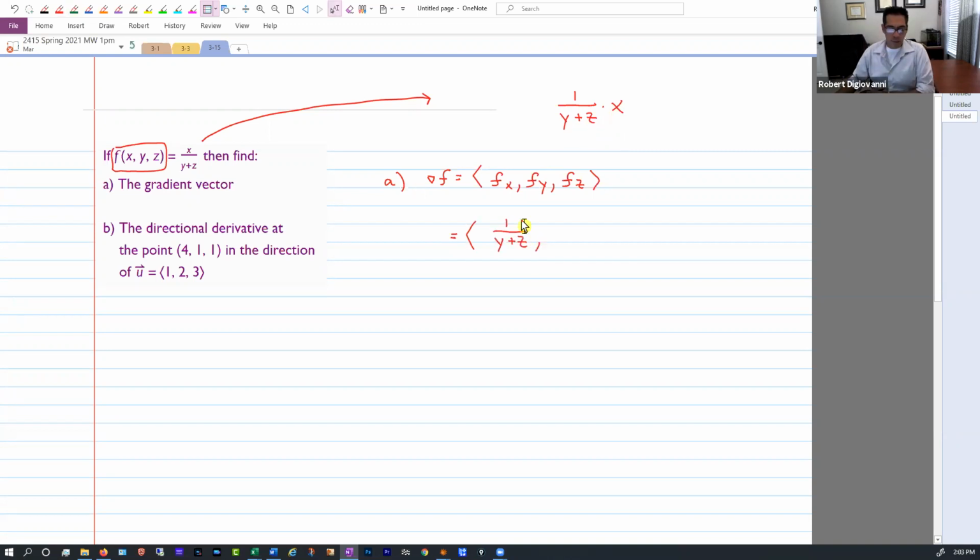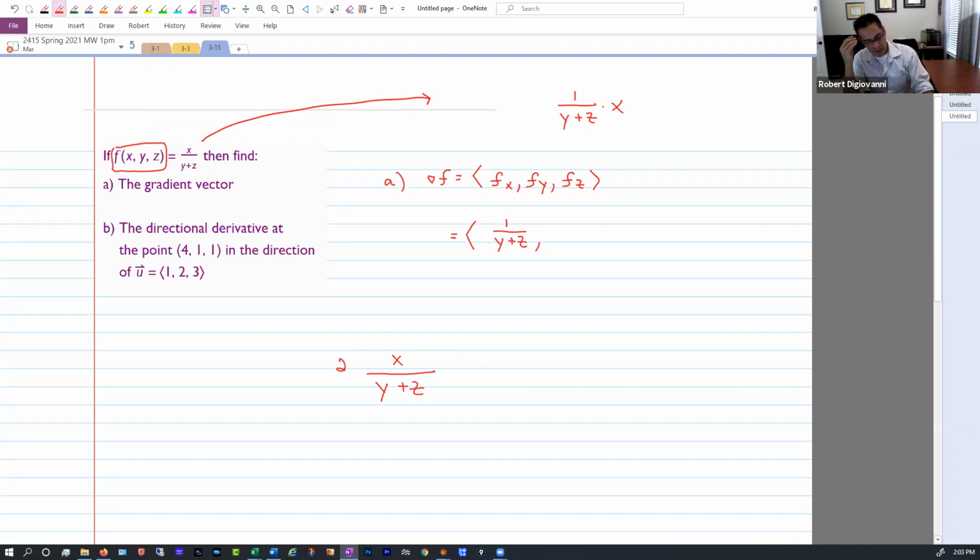Good. Now the partial with respect to y. Now that's a little different, right? Because I think in that case, you would have to almost treat it like this. And then when you take the derivative of this, you'd have to maybe do a quotient rule. Now you could bring the y plus z up as a y plus z to the -1. It's kind of up to you, but I'm going to do it like a quotient rule.